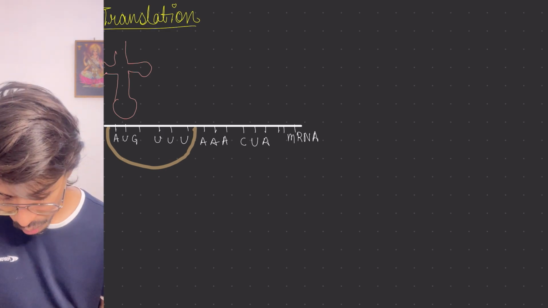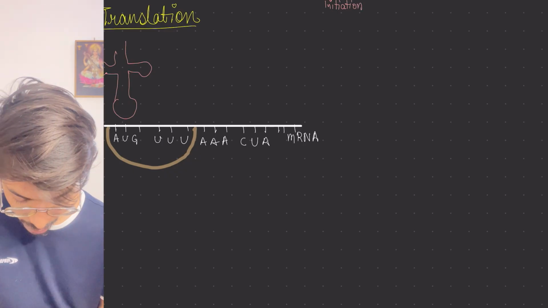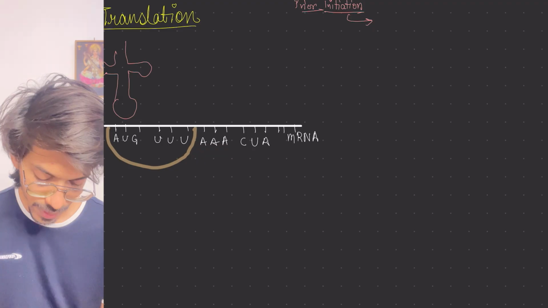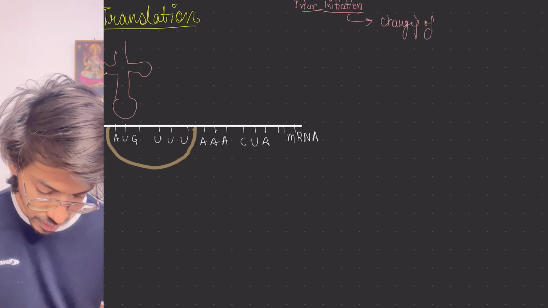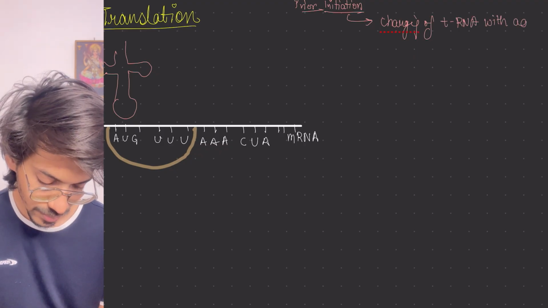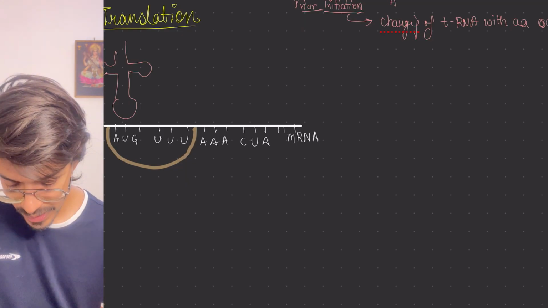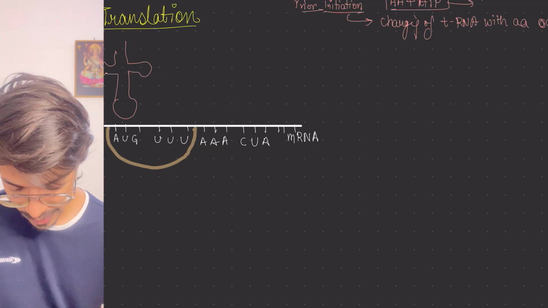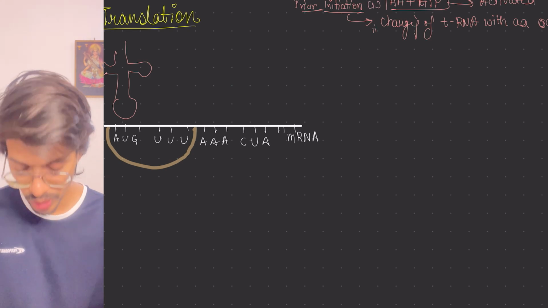Prior to the initiation of translation, charging of tRNA with amino acid occurs, and it occurs in two steps. First, the amino acid will take ATP and the amino acid is activated. Now this activated one will go and load on the tRNA.